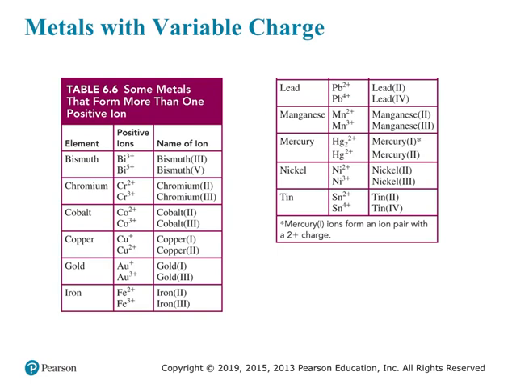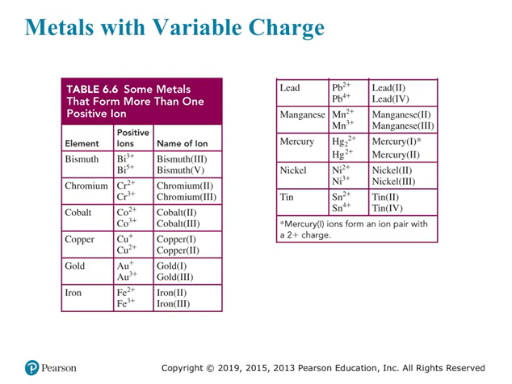Bismuth is actually what's in Pepto-Bismol. It's only a little bit of bismuth that's in Pepto-Bismol, but that's kind of where it gets its name. And bismuth can have either a 3+ charge or a 5+ charge, which is really interesting.